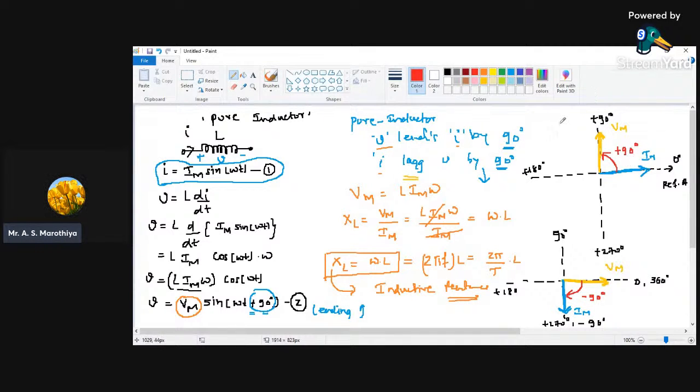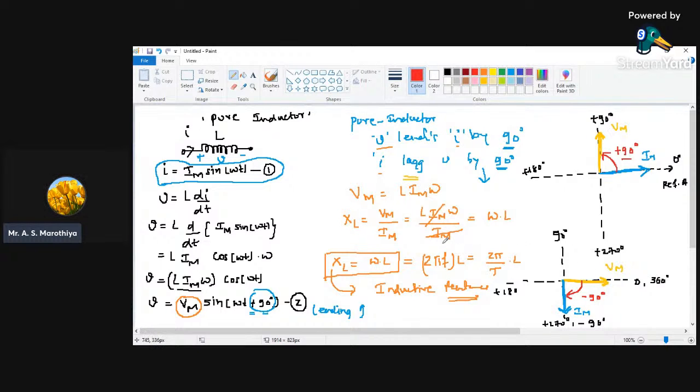This is very important. So these points you have to remember, that in case of pure inductor, voltage and current are not exactly coinciding with each other. In case of pure inductor, voltage is going to lead the current by an angle of 90 degree, or current is going to lag voltage by an angle of 90 degree. Both are the same thing.